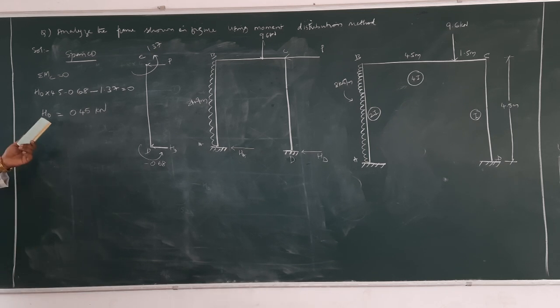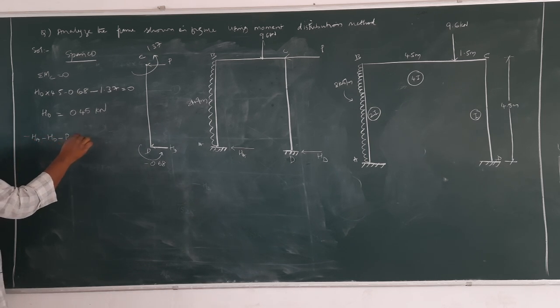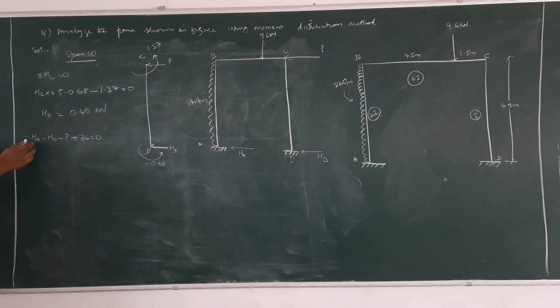Now we can substitute the value of HD and HA in that equation number 1, right? What is that equation? Minus HA minus HD minus P plus 36 is equal to 0, right? Yes. Substitute the value of HA, substitute the value of HD, send this term towards the right hand side. So what is the value of HA we got? Minus 19.17. Why minus? Because it is minus HA.